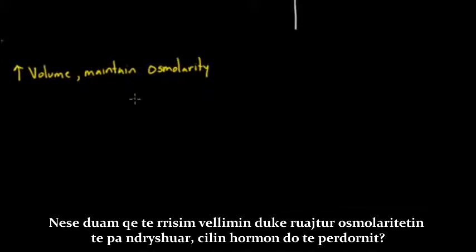I'm going to write osmolarity. So if you want to increase volume but maintain osmolarity, which hormone would you use? And because we can't see the hormones now, let's just use aldosterone and ADH. And I'll just put up arrows and down arrows.